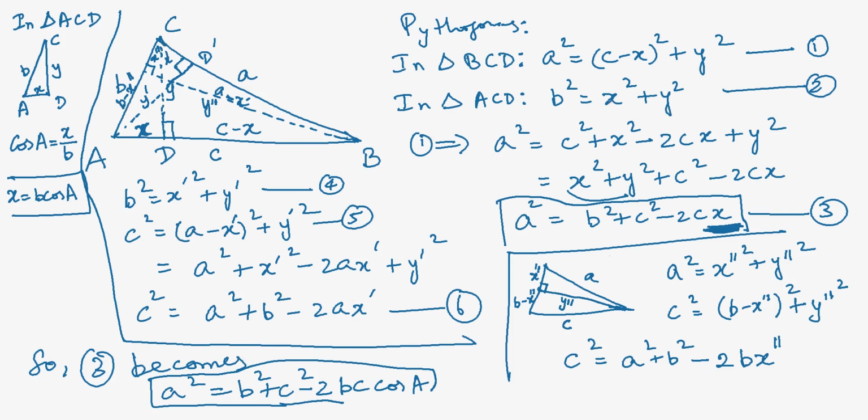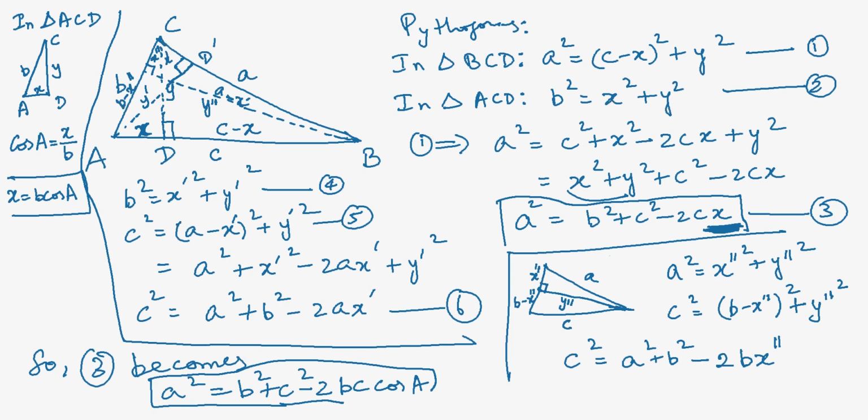In there we find one newly introduced side, and using the trigonometric function cosine, we could substitute and remove that with the known values, and we got a beautiful new Pythagoras which looks like a squared equals b squared plus c squared minus 2bc cos A. You get that? Yes. We call that the cosine rule. This formula is called the cosine rule. But I would say that it is nothing but a Pythagoras for the non-right angle triangle.